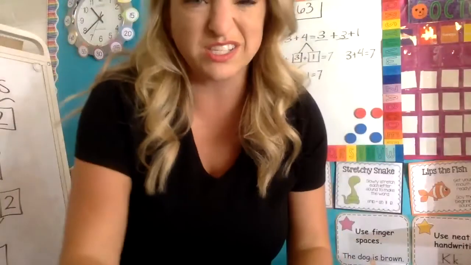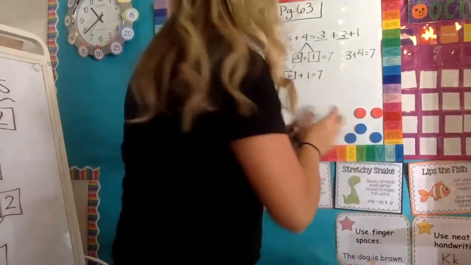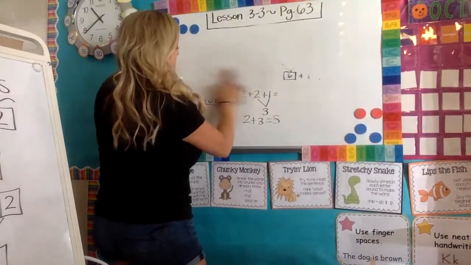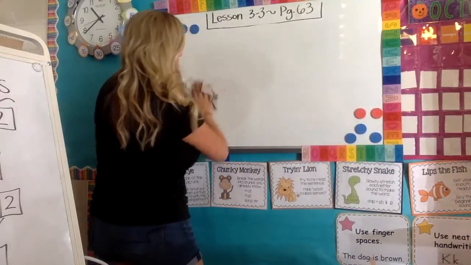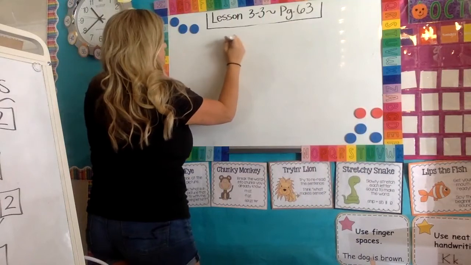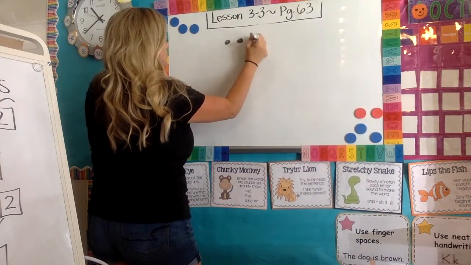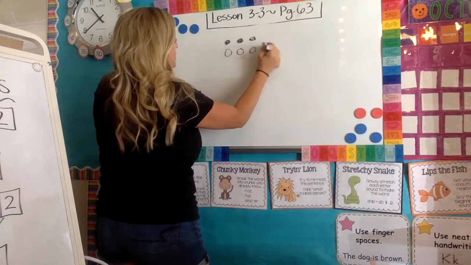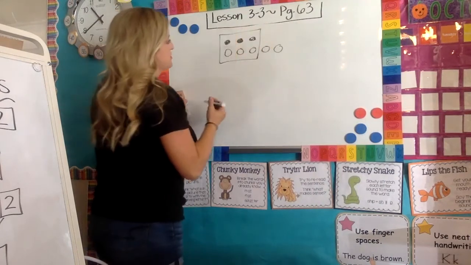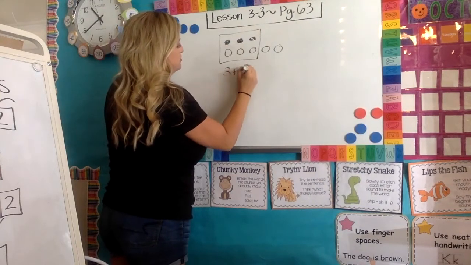I'm going to just show you because I think it's super cool and worth seeing. So this is not really a near doubles because it's not 5 plus 4 or 3 plus 4. It's 5 plus 3. So they have 1, 2, 3 plus 5. 1, 2, 3, 4, 5. You can still put a box around the doubles fact, which is 3 plus 3.